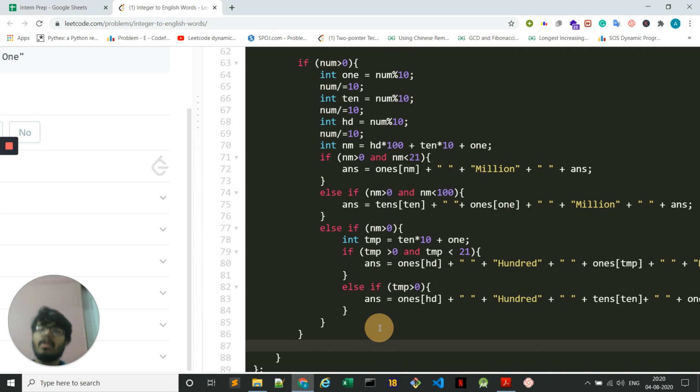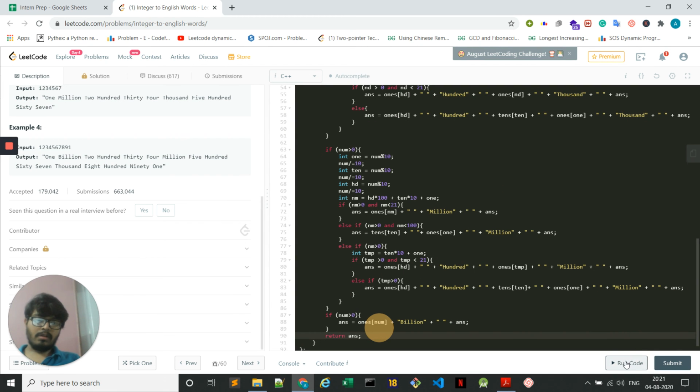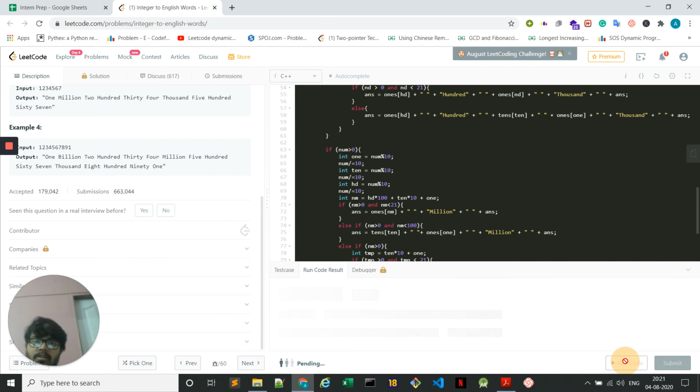So now we just need to take care: if the number is greater than 0, then just add one thing, that answer would be equal to ones of num plus 1 billion or 2 billion, whatever it is, plus answer, right? And then return the answer. Let us run this code and see what are the possible errors we have made so far.